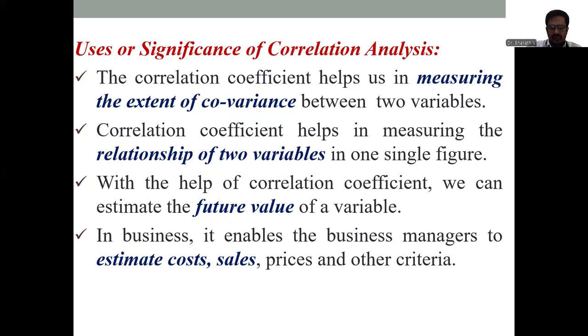At the end of the correlation analysis, you come to know the relationship and which direction it is moving. Another importance is that, using these correlation values, we can estimate and predict future values of a variable.